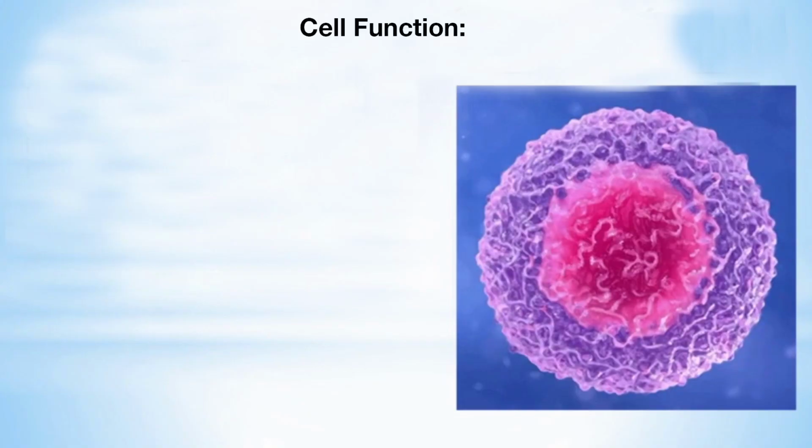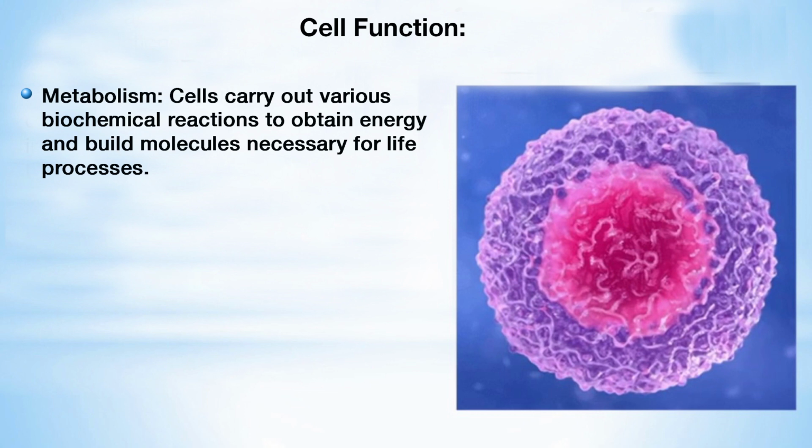Then cell function: how the cell is functioning, what are the different types of functions taking place inside the cell. In this sequence, first is metabolism. Metabolism means cells carry out various biochemical reactions to obtain energy and build molecules necessary for life processes.